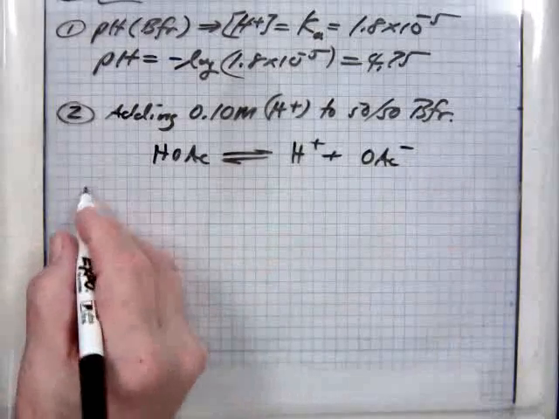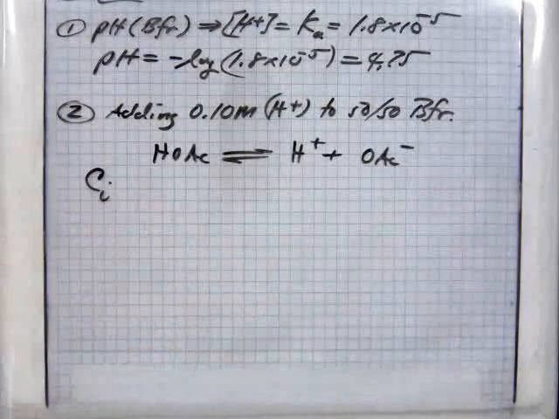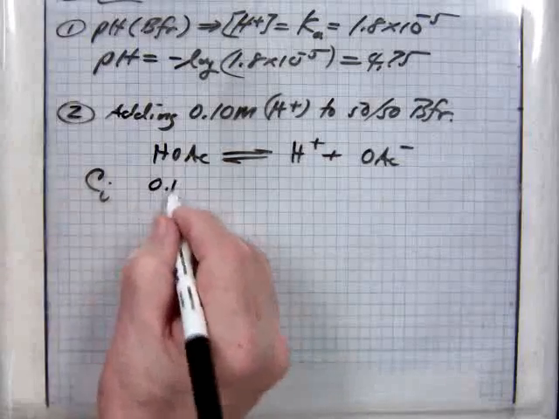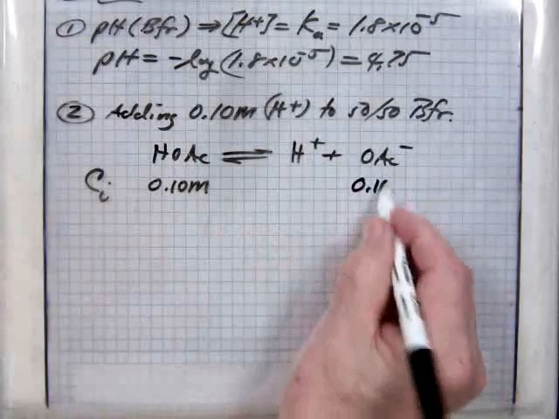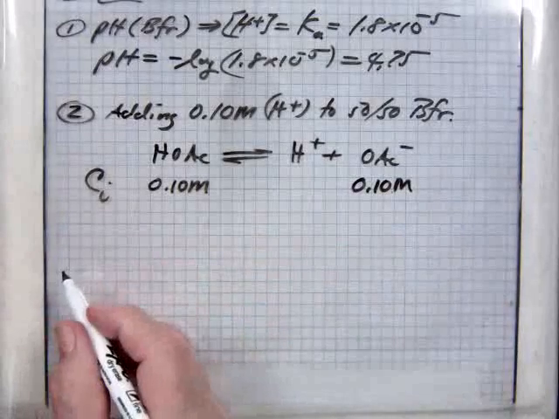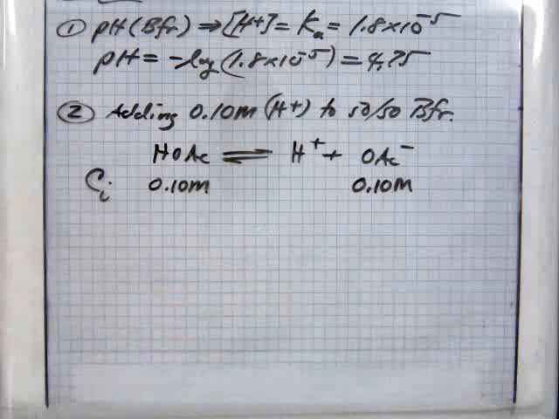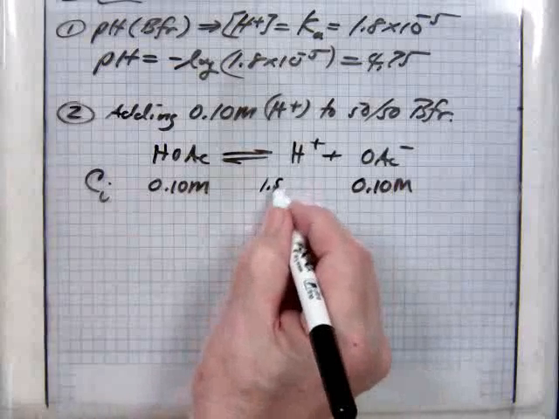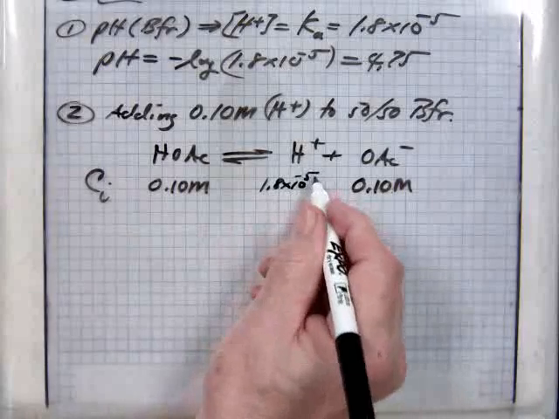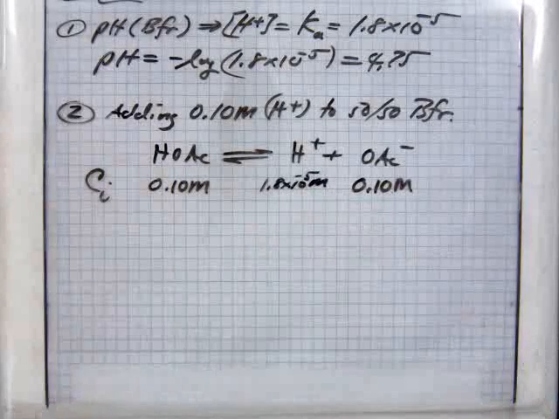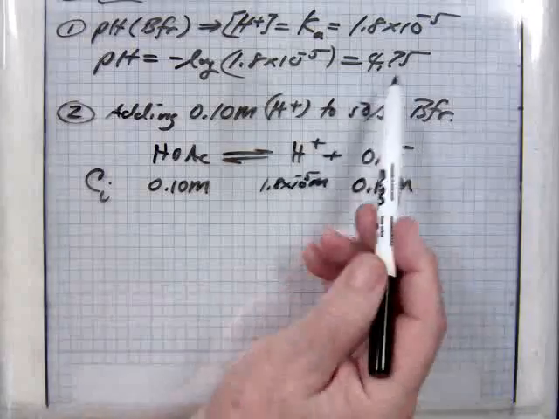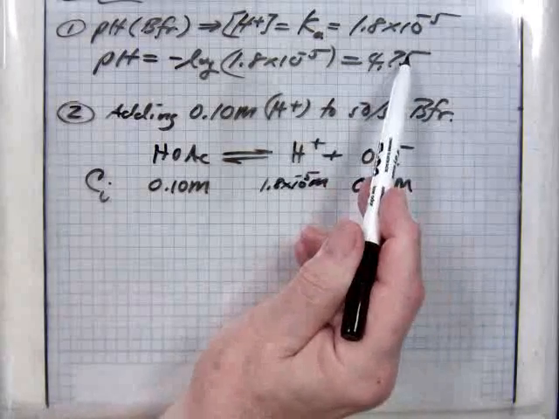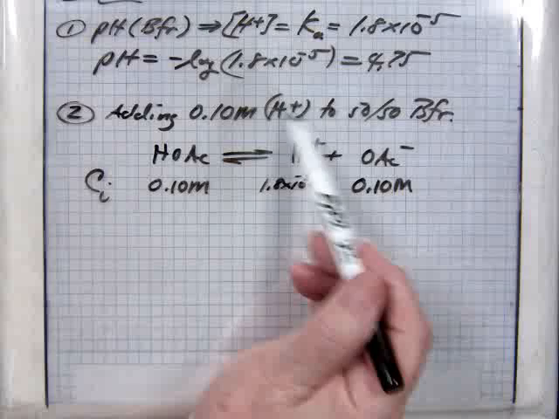And our buffer initially is 0.10 molar in the acetate and the acid, like this. And essentially, we have 1.8 times 10 to the minus 5 molar in the hydronium ions. So what we're looking for is this new pH, after adding the hydronium ions.